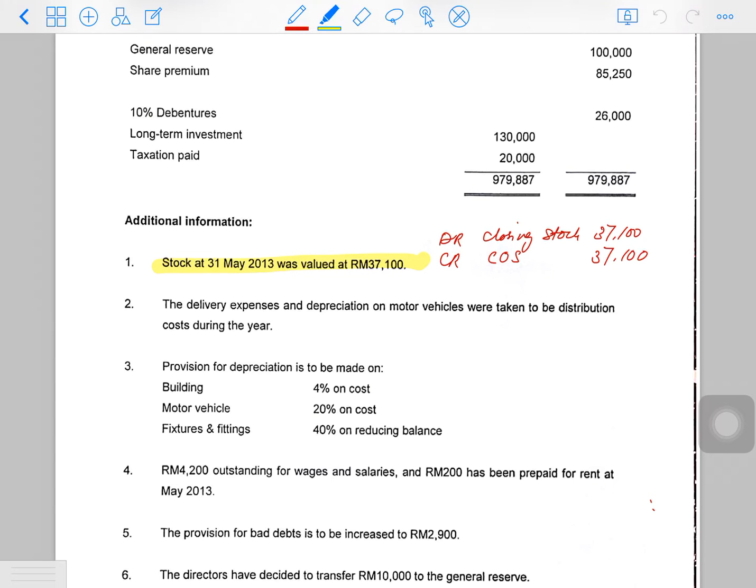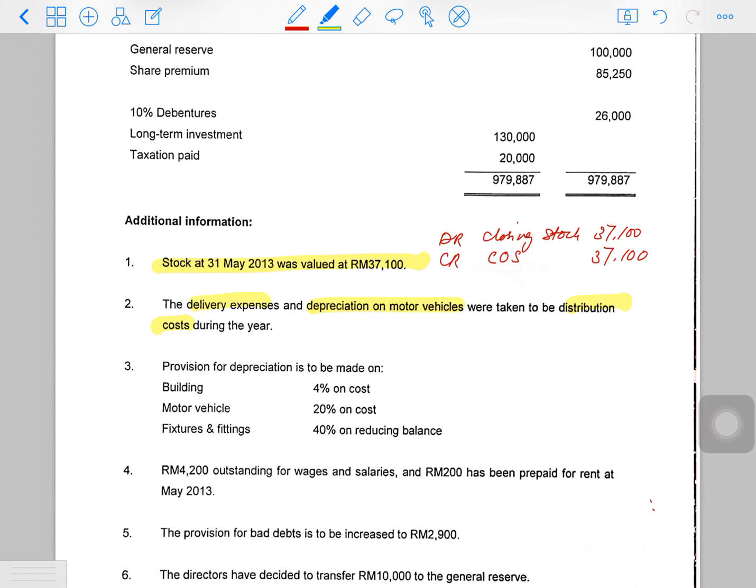The next thing is delivery expenses and depreciation on motor vehicle. Both of those are categorized as distribution costs, or selling and distribution costs.